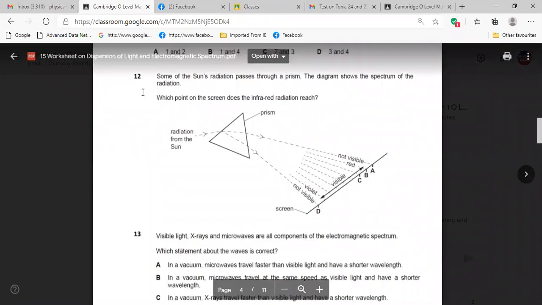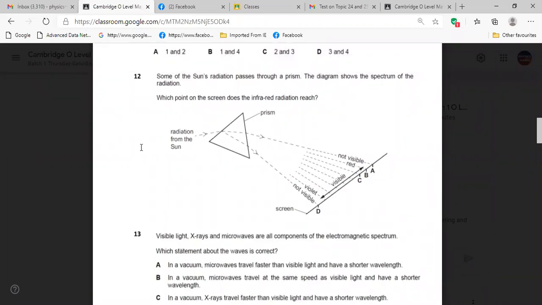Now question number 12. Read, Farabi. Some of the sun's radiation passes through a prism. The diagram shows the spectrum of the radiation. Which point on the screen does the infrared radiation reach? So infrared radiation, where will it be?